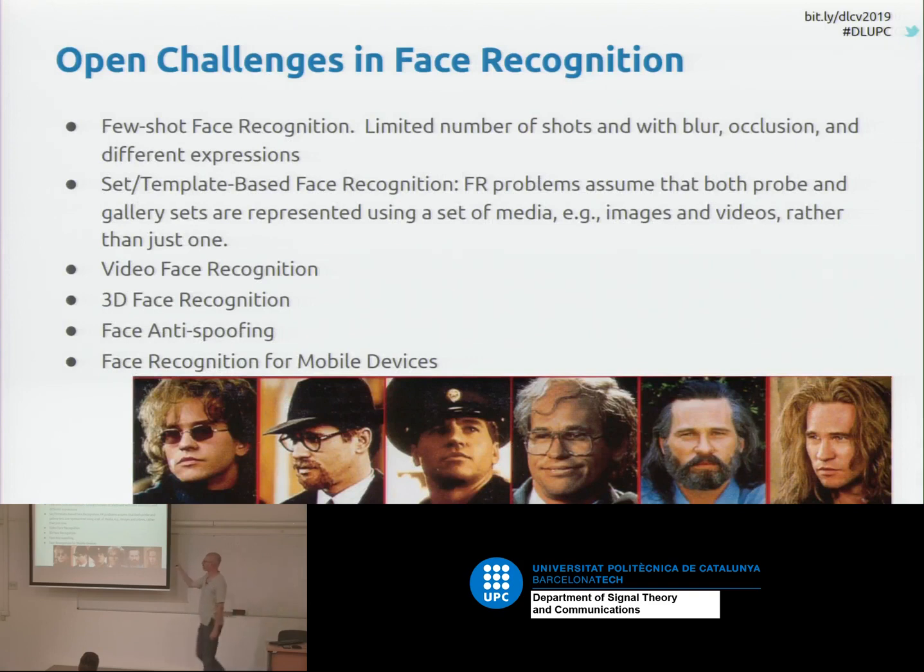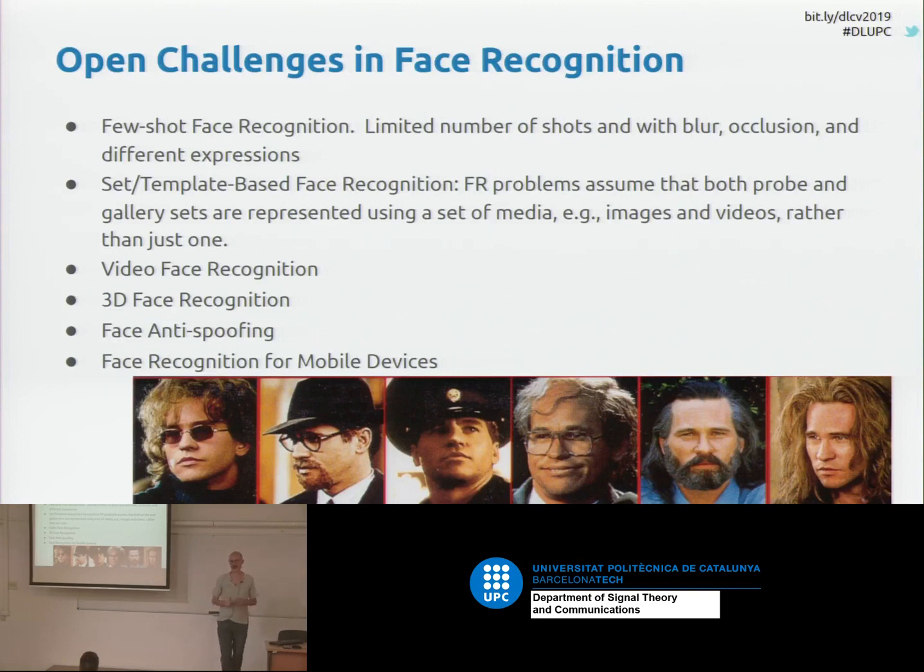Other problems, for training for instance, is few-shot face recognition. Sometimes you only have a few images to train a recognition system because you cannot collect more images. Or 3D face recognition, because there are a lot of problems with cheating the face recognition system.